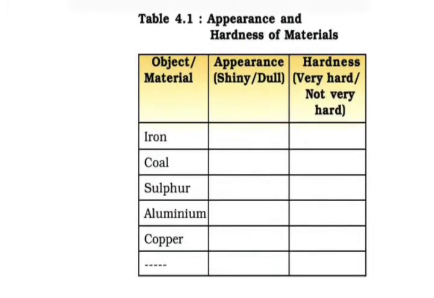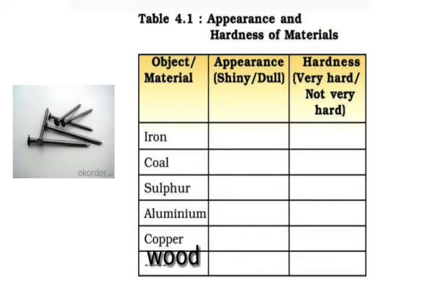Here we have listed out some materials in table 4.1. Iron, coal, sulphur, aluminium, copper, and one more thing we can add, wood. Now by looking at the appearance and how they feel to touch, let's categorize them.